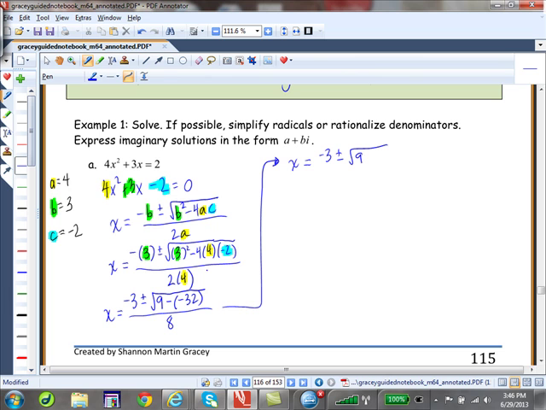Minus a minus is plus, so we'll get 9 plus 32 all over 8. So x will be negative 3 plus or minus root 41 over 8. And we're done. We've got our solution. The solution set is negative 3 plus or minus root 41 over 8.